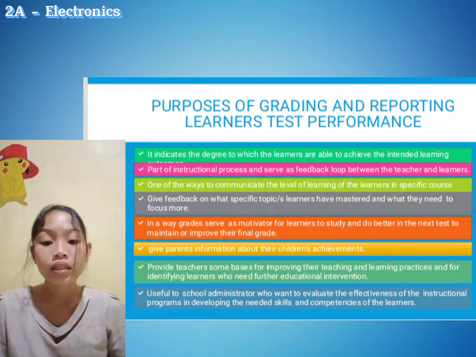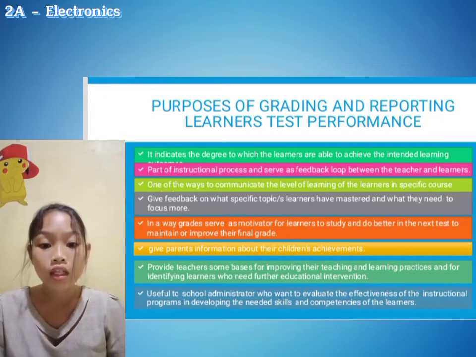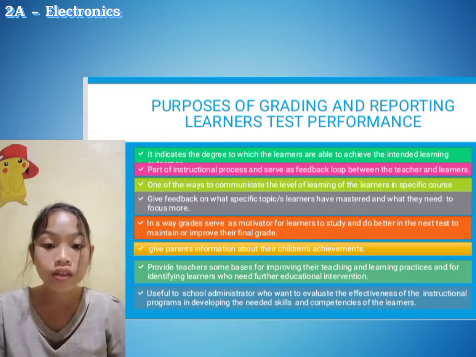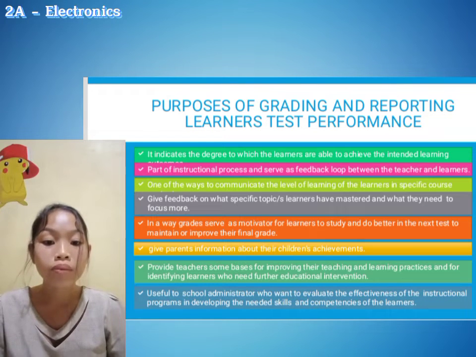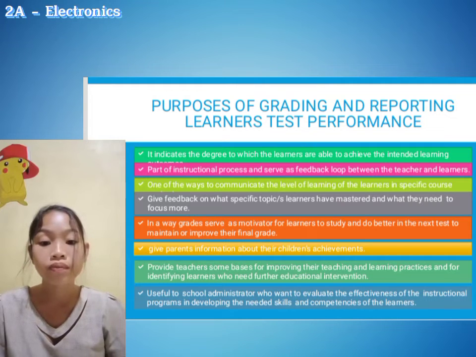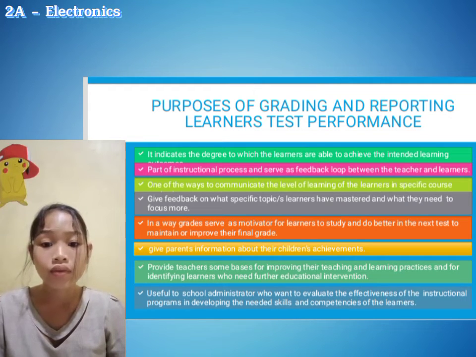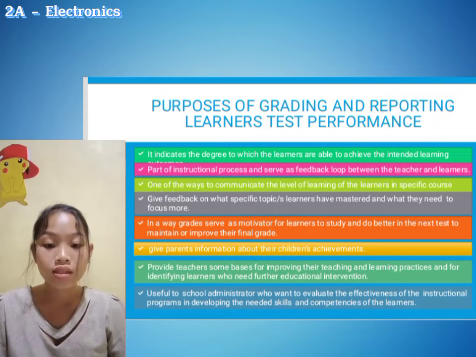Number 5 is that, in a way, grades serve as a motivator for learners to study and do better in the next test to maintain or improve their final grades. Number 6 is that it gives parents information about their children's achievements.